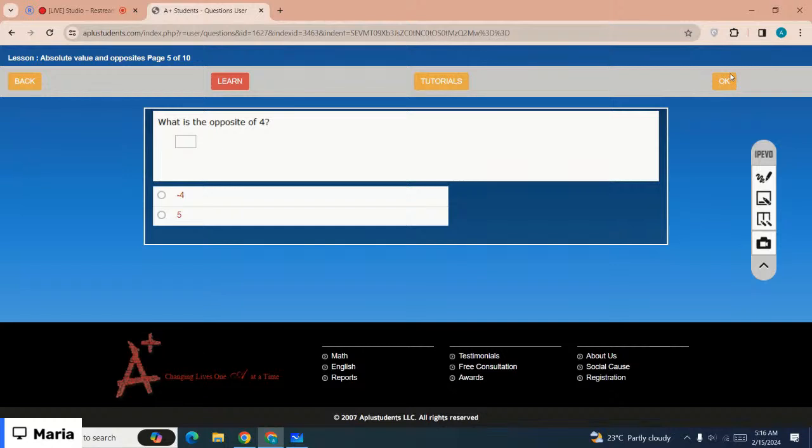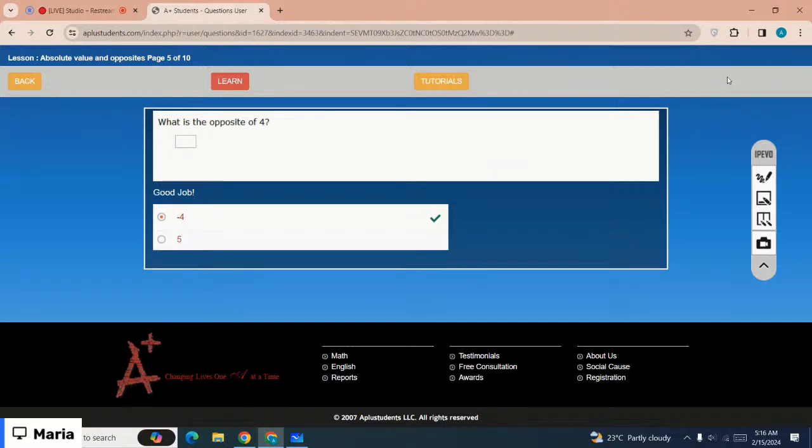What is the opposite of 4? Opposite of 4 is negative 4. Option number 1 is the correct option. Got it?